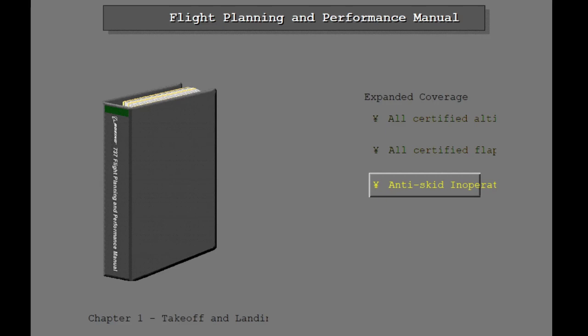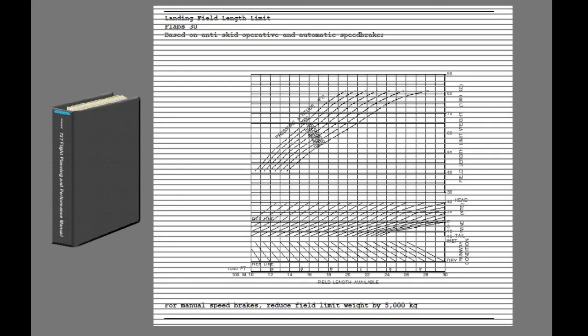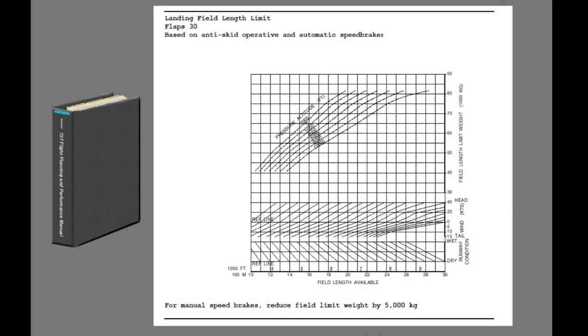Landing fuel limit weights are also included for anti-skid inoperative performance for airplane models which allow anti-skid inoperative dispatch relief. The Flight Planning and Performance Manual information is typically presented in graphical format. It may be necessary to refer to this information for airplane configurations and environmental conditions which are not available in the Operations Manual.